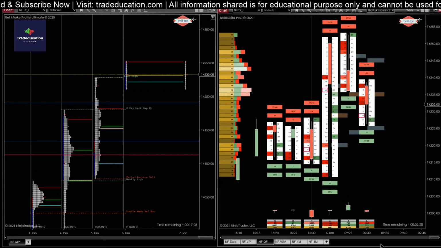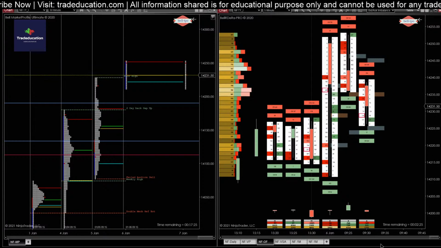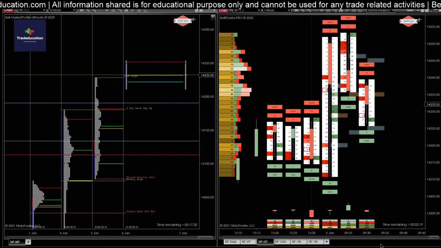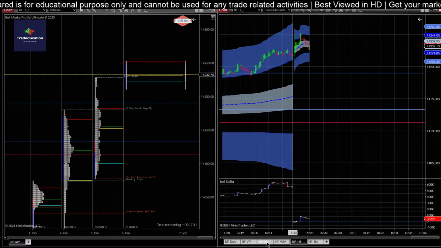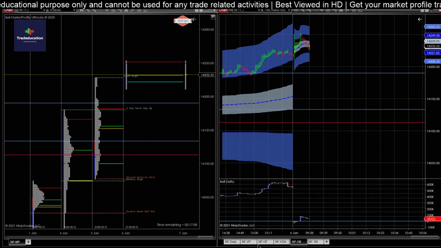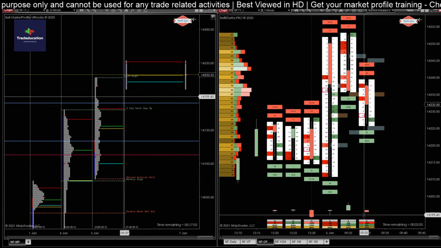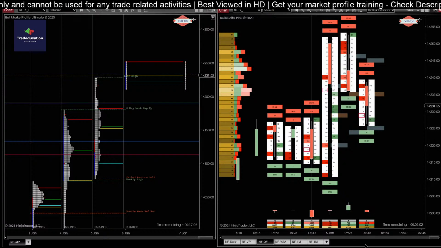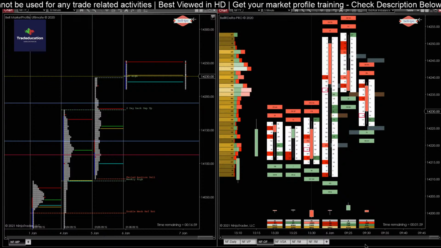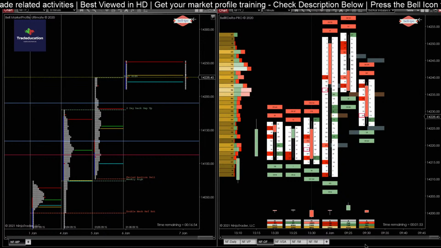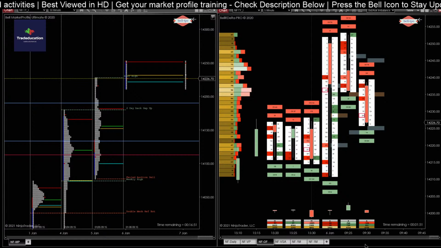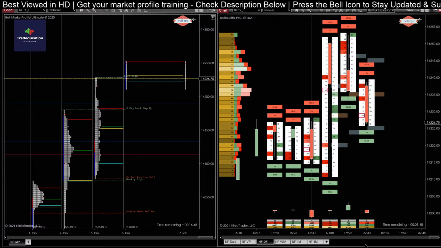1300 contracts traded. So now some choppiness seen. Just see the delta. Yeah, delta is coming down, price is coming down. That's fine. Here also we are able to see that. So let sellers step in.